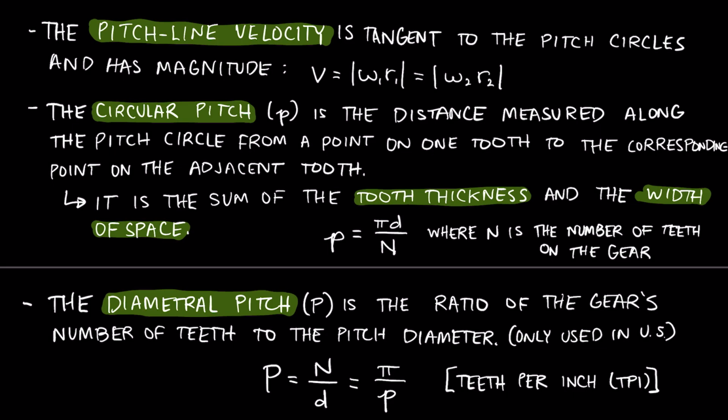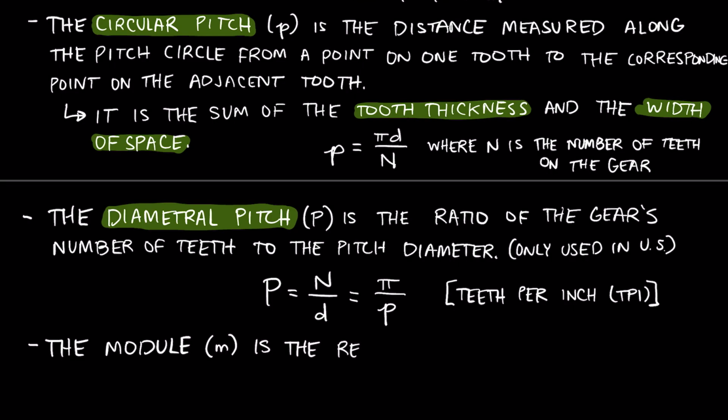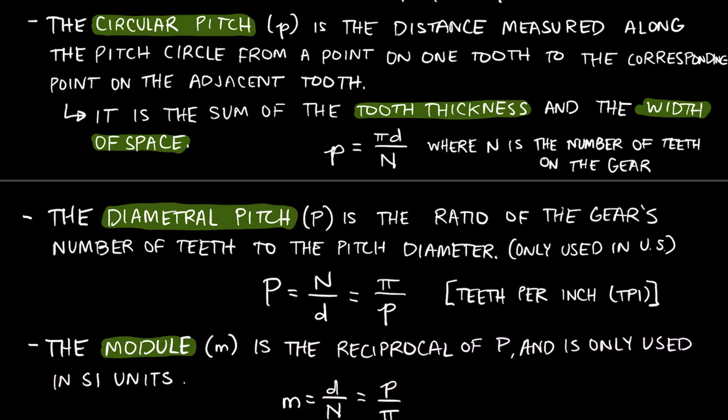And this is a designation that is only used, as far as I know, in the United States. In other countries which use SI units, instead of defining a diametral pitch, they'll define the module. And so the module, as it says, is just the reciprocal of the diametral pitch.